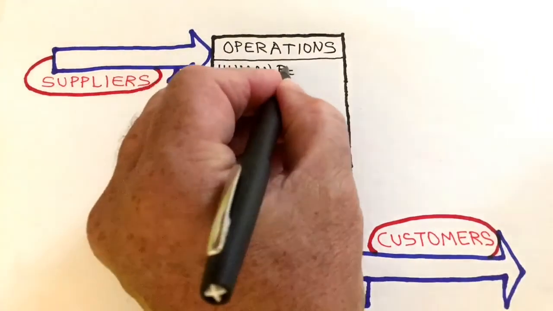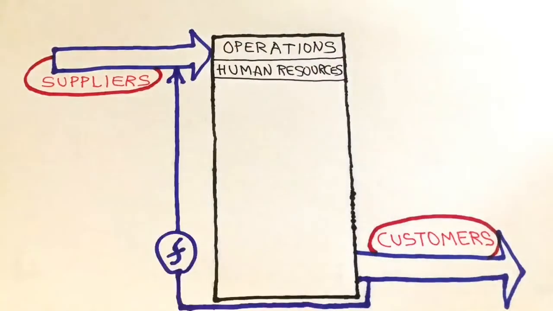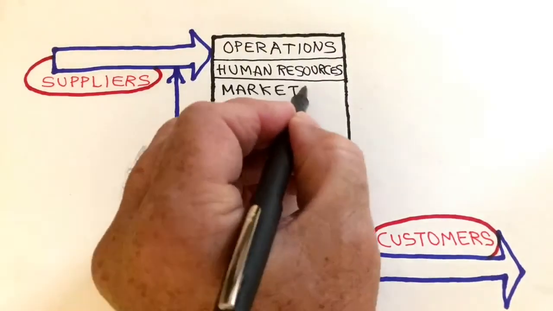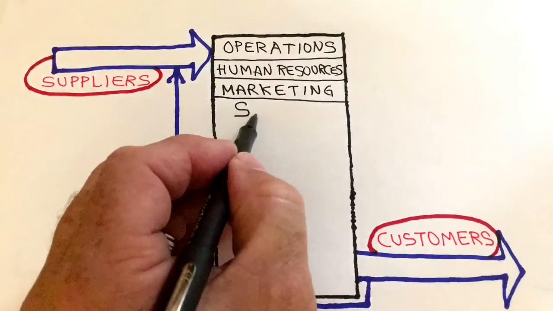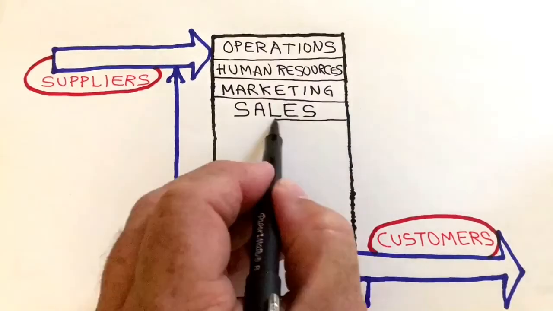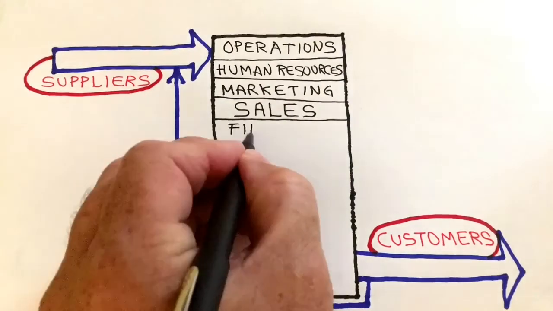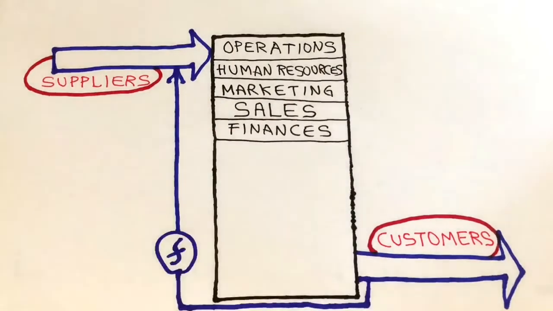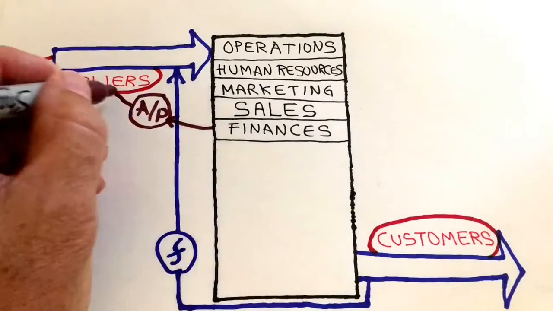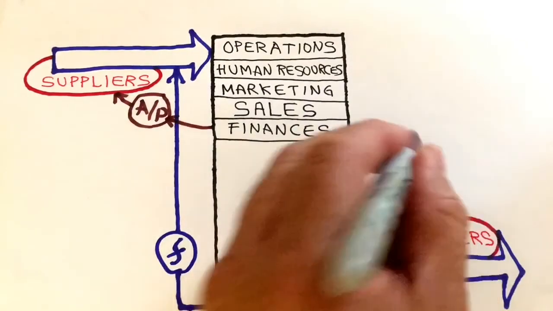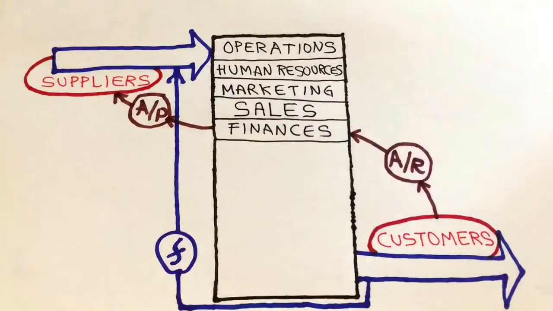In our company, human resources, people are very important because they are going to market and sell our products and services to the customers. Later, we're going to have an exchange of money going to the suppliers and coming from the customers, and this is why we need finances.